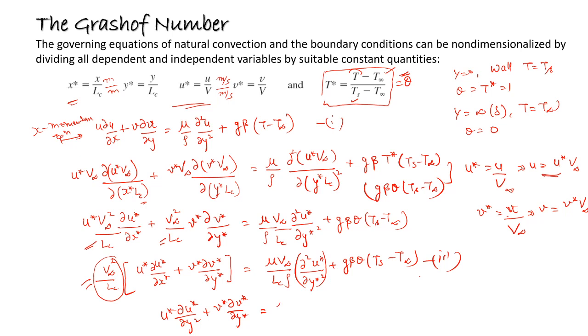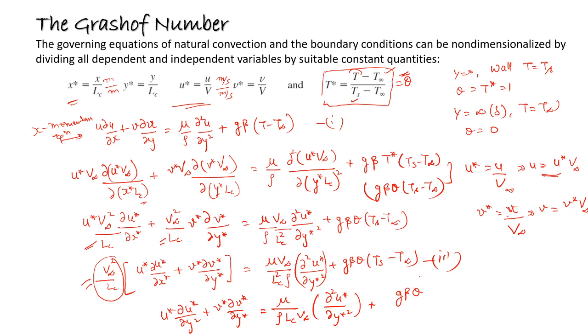So you have mu upon rho, LC characteristic length and V infinity. One thing I must correct here: this was LC square, so it should be LC square. So this will cancel out and remain LC. In bracket we have derivative square of u star over derivative of y star square and plus g beta. I must remove this theta.